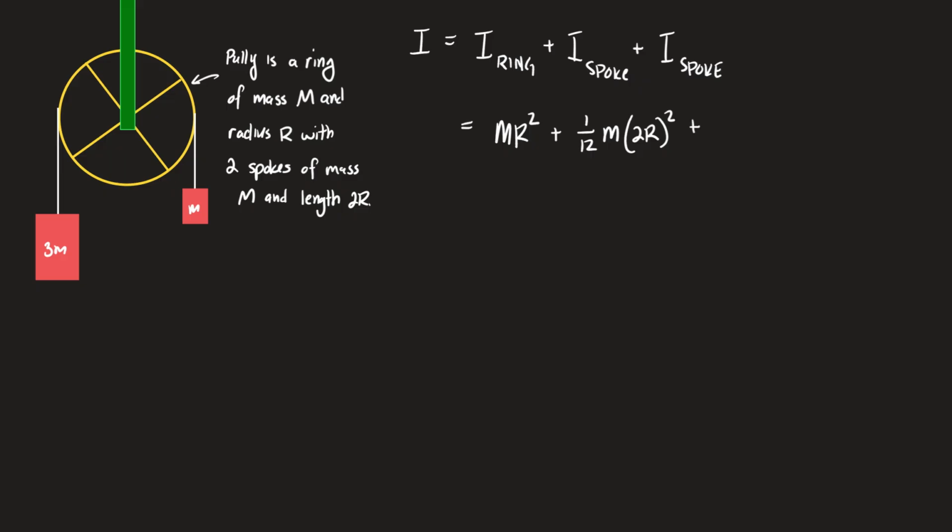And there are 2 of them. Now, 2 squared is 4. 4 times 1/12 is 1/3. Does that make sense? So I have a third plus 3/3. So this all comes to 5/3 mr squared.